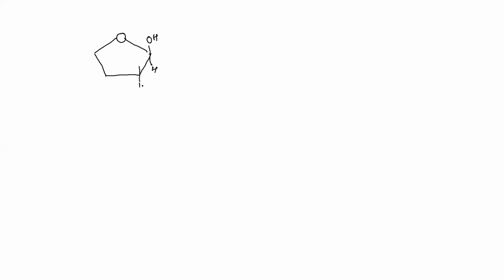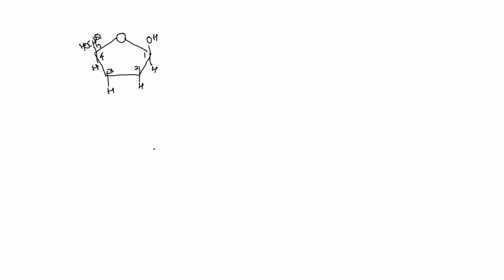You have the H, and you have the CH2OH. This is the deoxyribose sugar. Now, the numbering will be 1, 2, 3, 4, and this is if I count the carbons which are present.